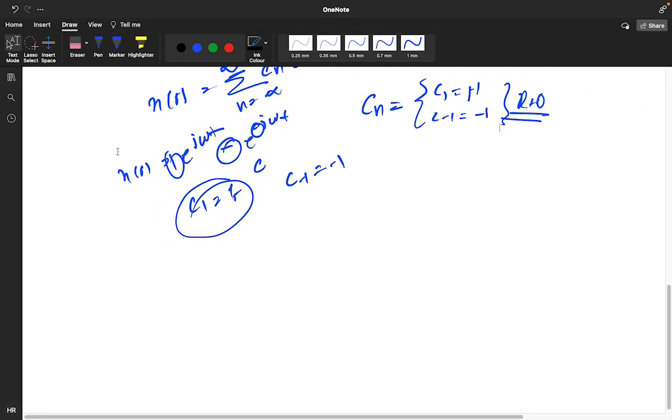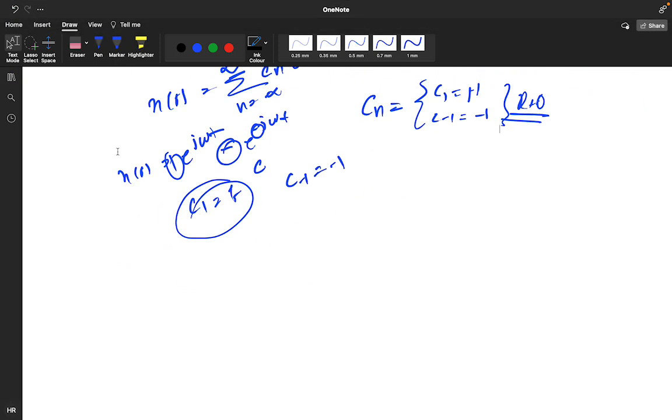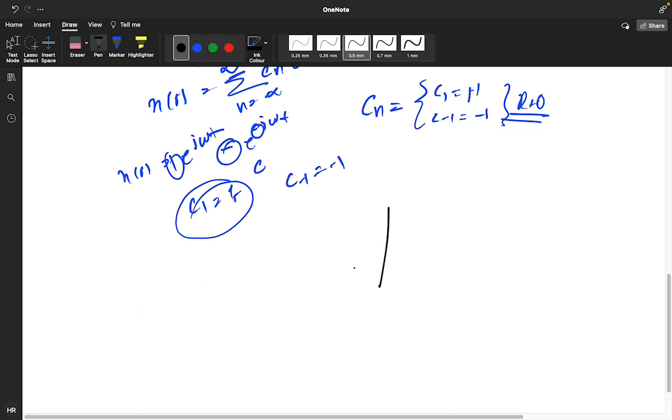You can try this particular question that I am giving you. This is your question. X of t is between minus T by 4 and plus T by 4.